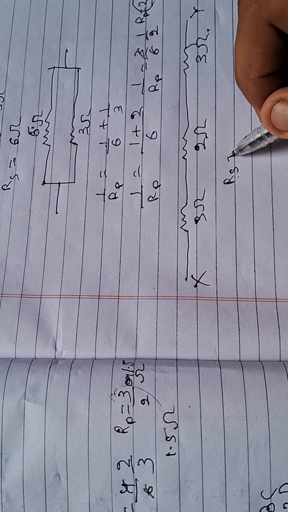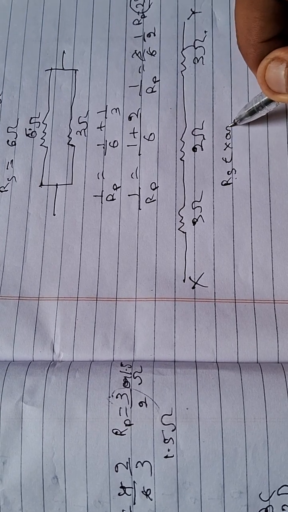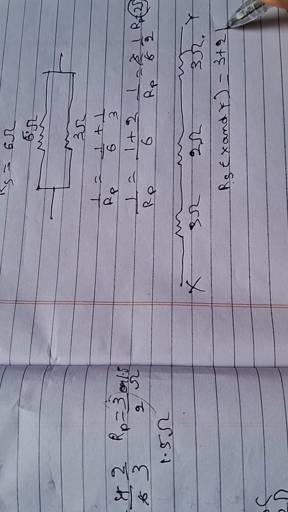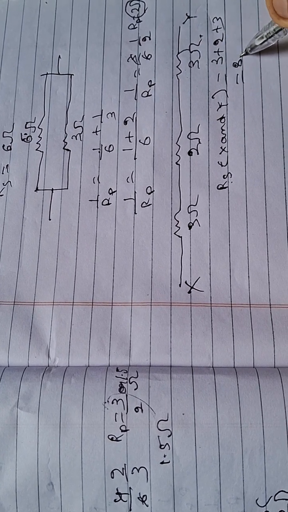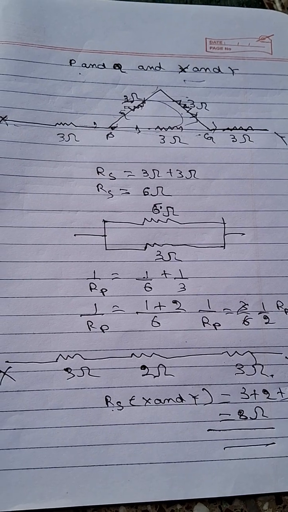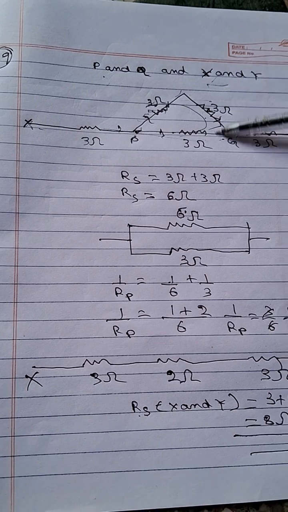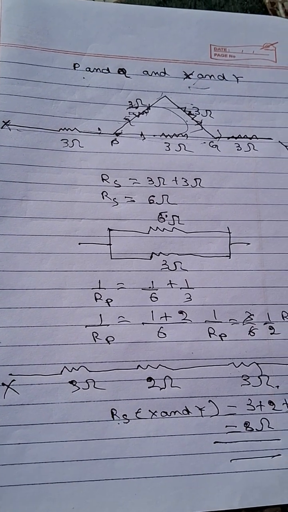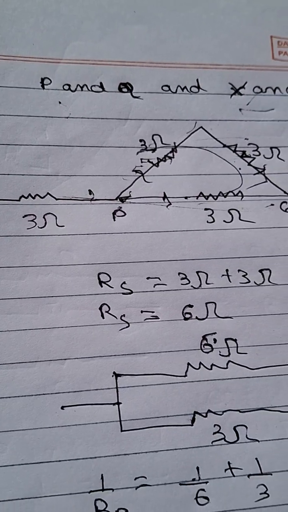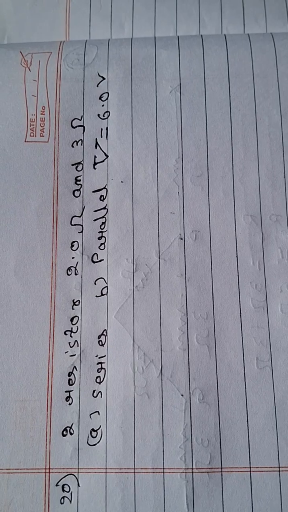So R in series, that is X and Y, 3 plus 2 plus 3, which is equal to 8 ohms. Answer. Take a screenshot of this question if you want, because these questions have been asked in the board multiple times in 2017-18, so you have a better understanding of it.